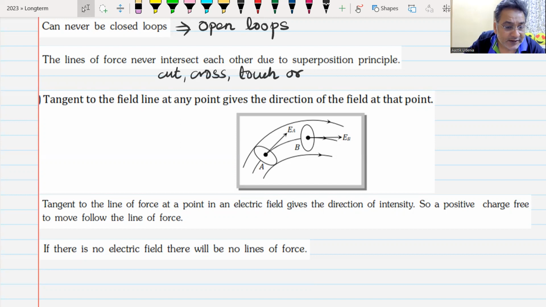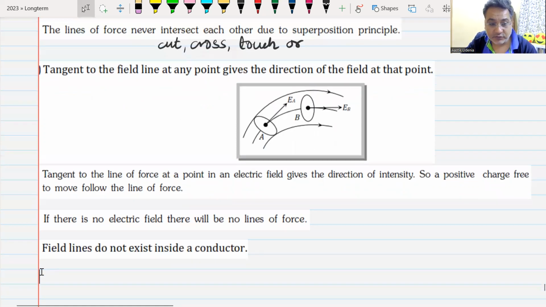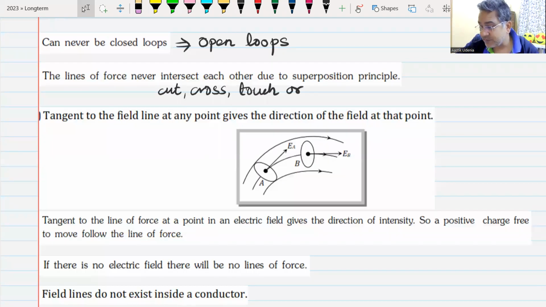Since there is no electric field inside a conductor, electric field lines inside a conductor would be zero. Do we understand this? Yes. Electric field lines inside a conductor would be zero.